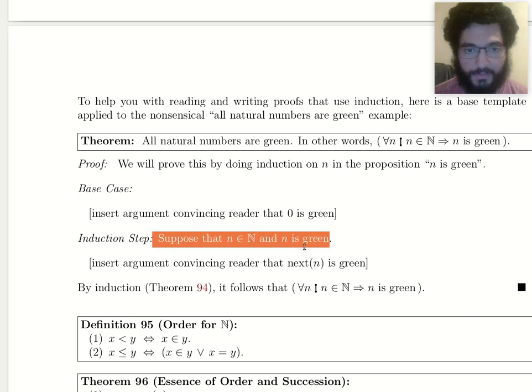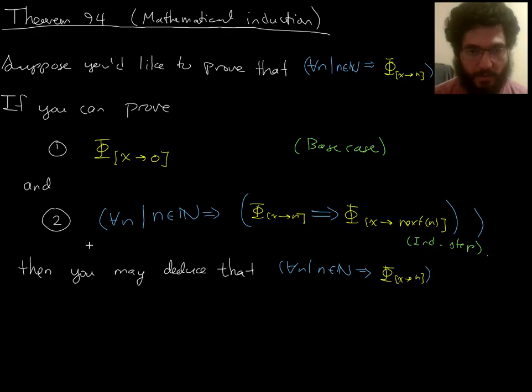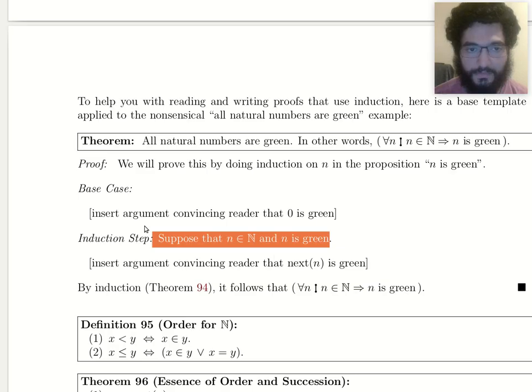So where are these coming from? If you want to prove this for all, you do it by universal generalization, right? So you consider any n which is a natural number. Then you need to prove this implication, so you assume n is green, then you try to prove next n is green. An induction step will always be structured that way.